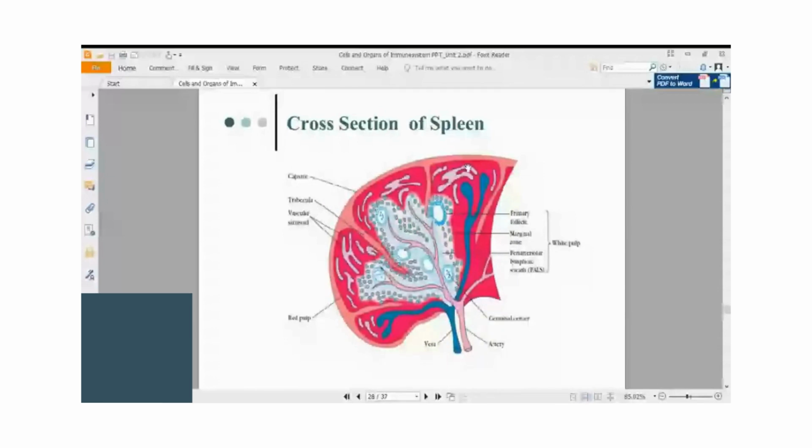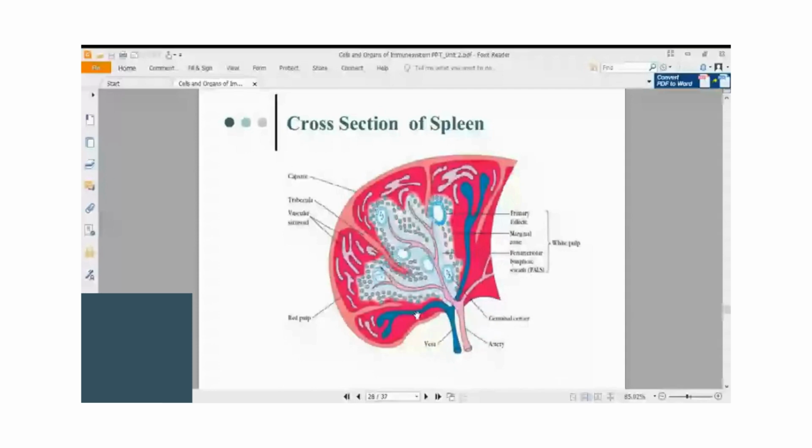The trabeculae compartmentalize the spleen, zonating it into different compartments. The spleen has red pulp, which is shown here in red, and white pulp, which is shown with a large number of blue cells, the major area as a lymphoid organ.